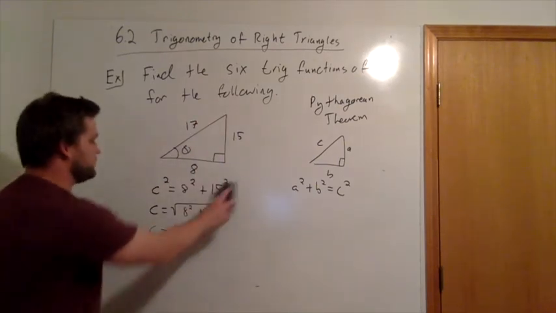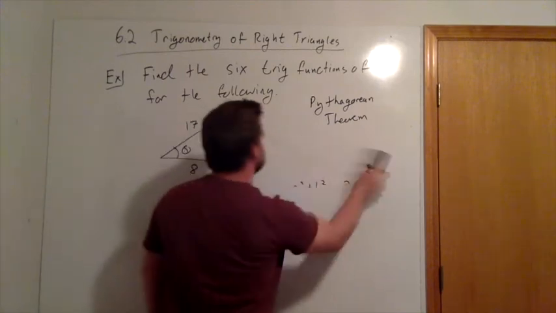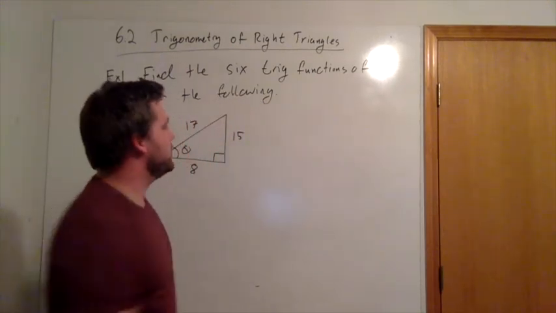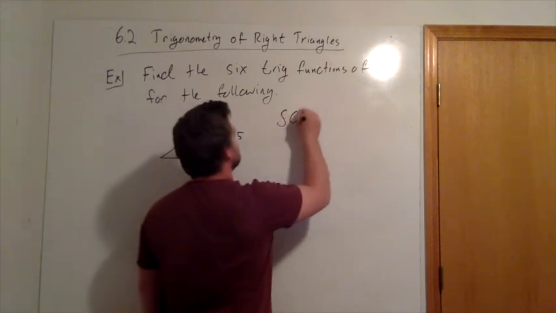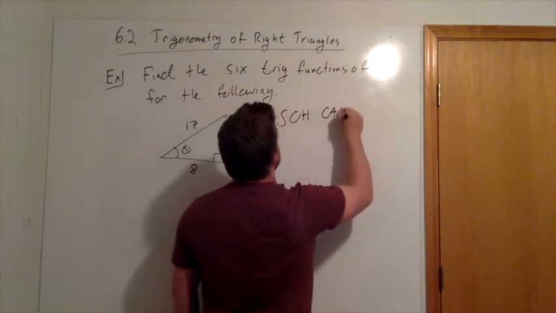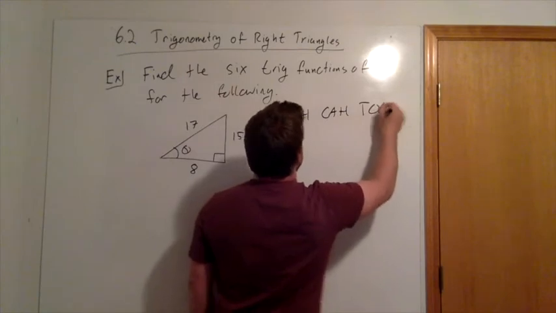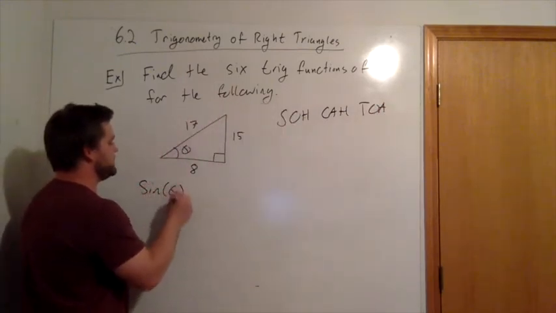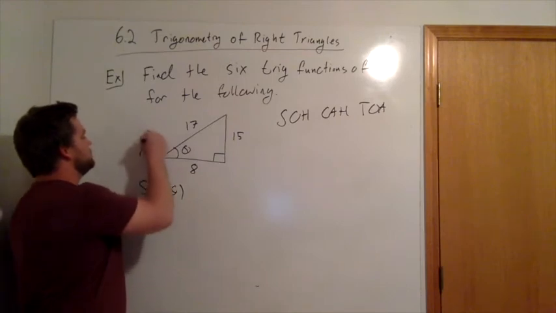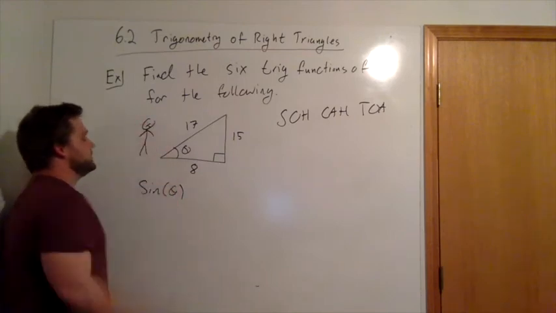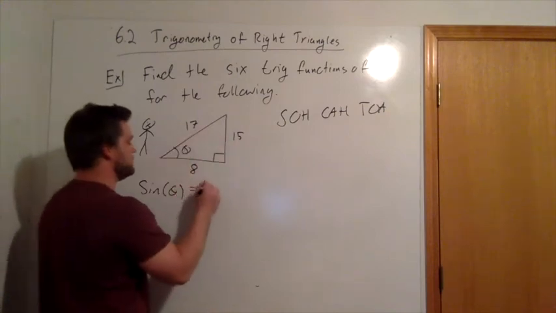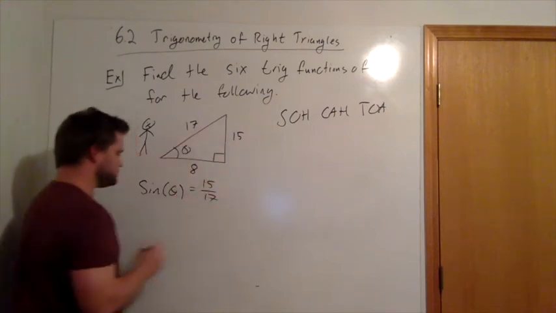So now we're ready to find all the six trig functions. So let's go ahead and write down SOHCAHTOA. So we'll have that sine of theta, standing here, is defined to be opposite over hypotenuse, 15/17.